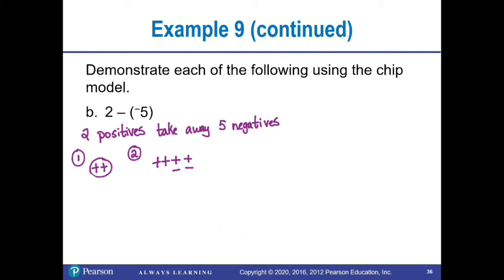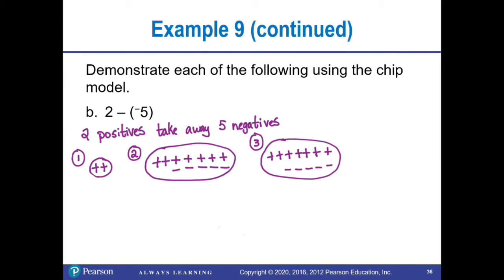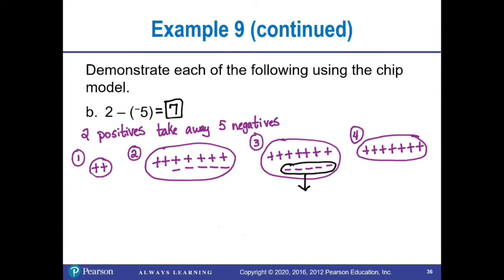Add a positive and negative, and again, and again. When I add the positive and negatives, I'm not changing my number any because I'm adding 0 in there. Now notice that I have 5 negatives. So I can take away those 5 negatives, and in my circle, I'm left with 7 positives. So 2 minus negative 5 is positive 7.